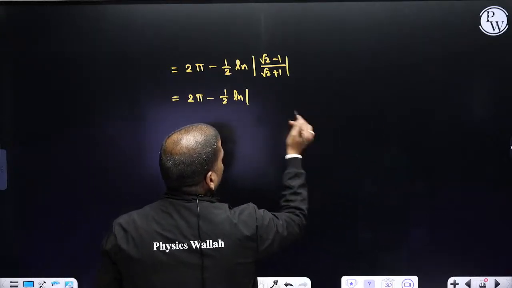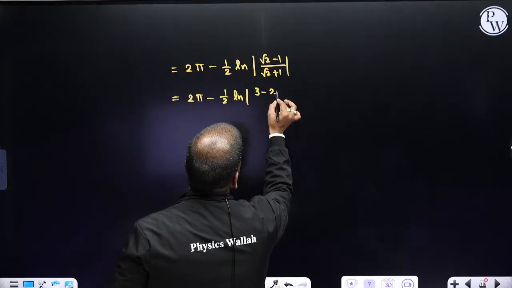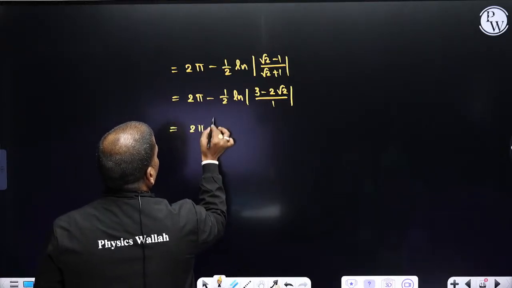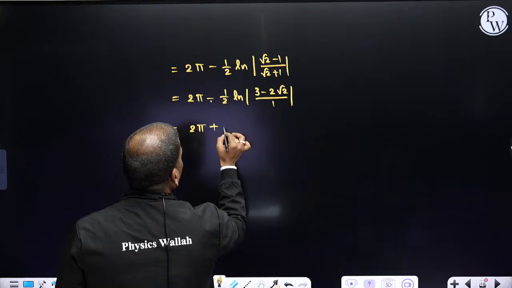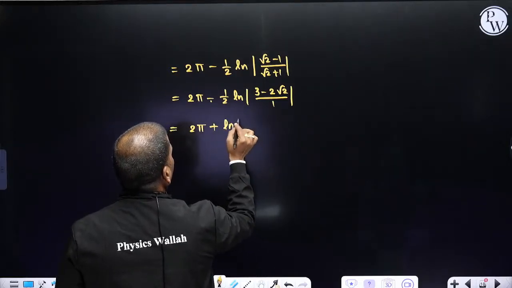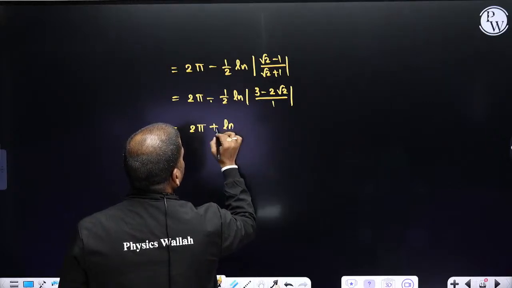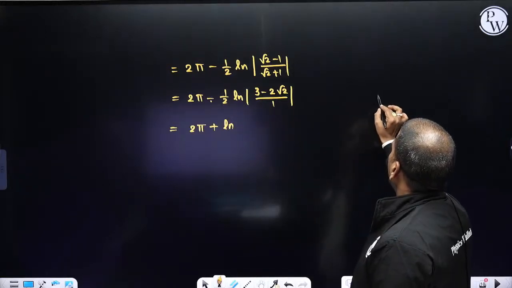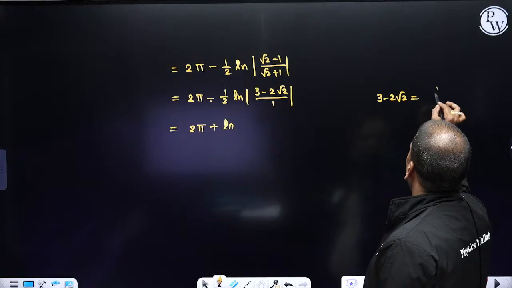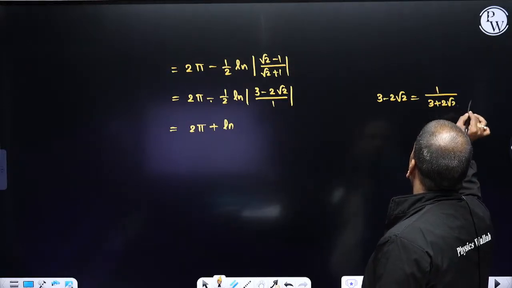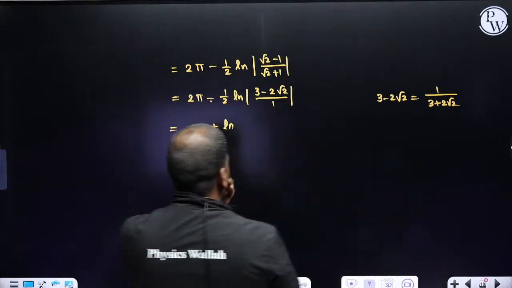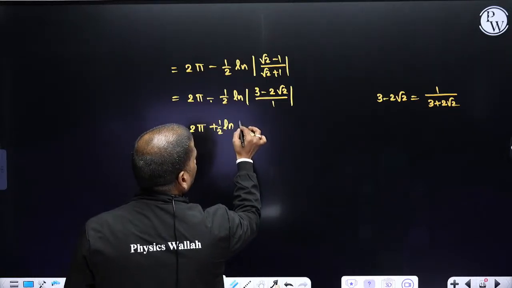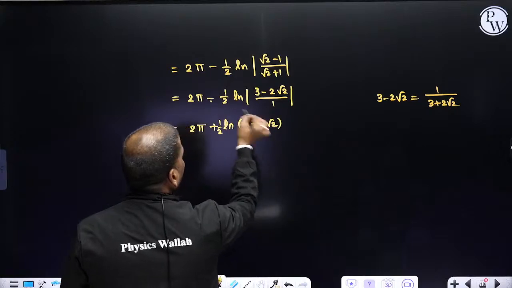So 2 plus 1 minus 2 root 2, so 3 minus 2 root 2 by 1. 2 pi, I am giving this minus here, so it will become plus ln of 3 minus 2 root 2. So 3 minus 2 root 2 is equal to 1 by 3 plus 2 root 2, since cross multiplication gives 9 minus 8. So this is plus 1 by 2 ln of 3 plus 2 root 2. This minus will become plus.